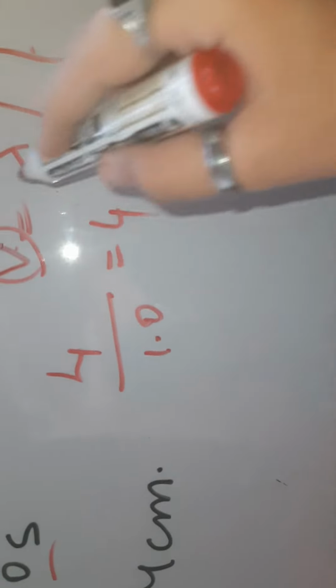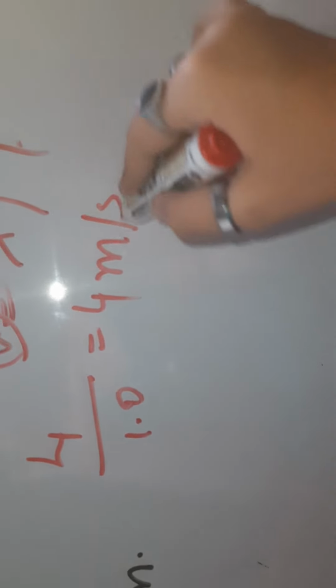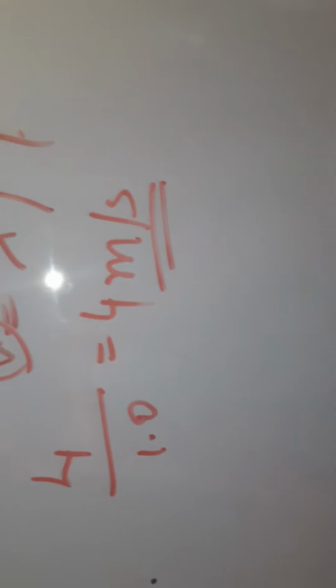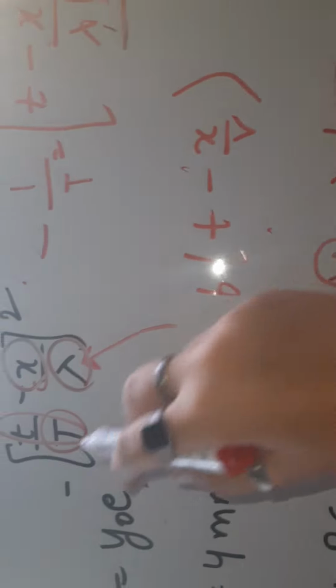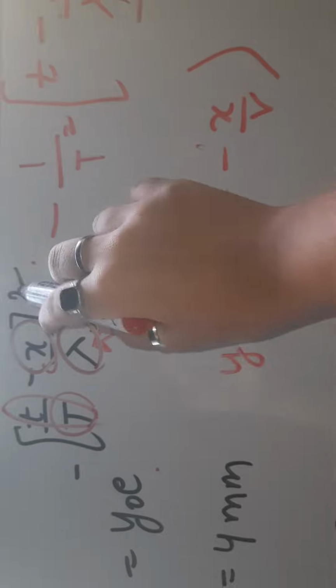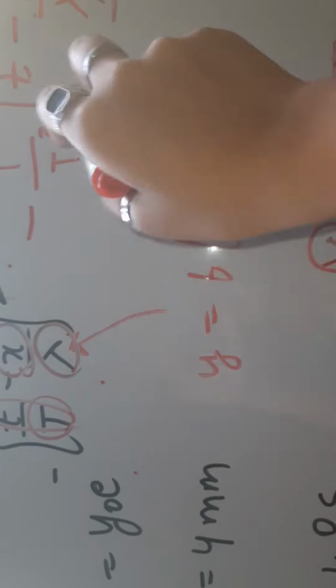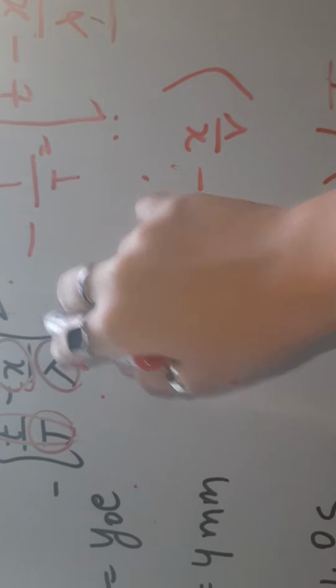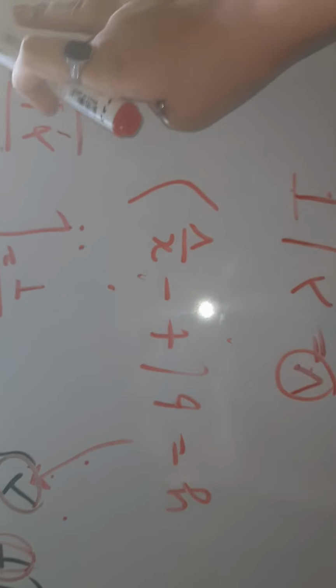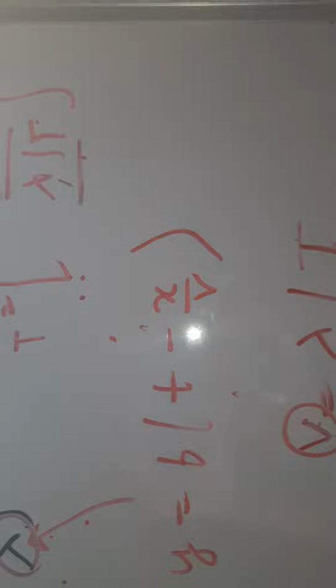So velocity is nothing but 4 meter per second. You got the answer for velocity. What you did is you took 1 by T square common from here because it was T square, and t is as it is, then minus x by lambda by T whole square. This is capital T.